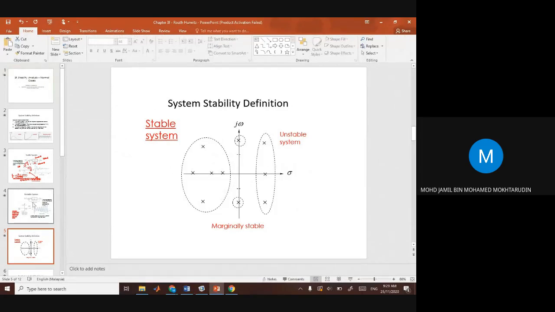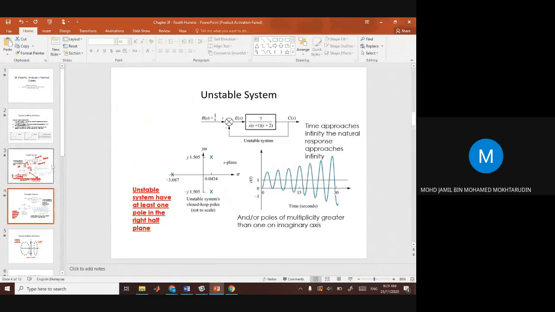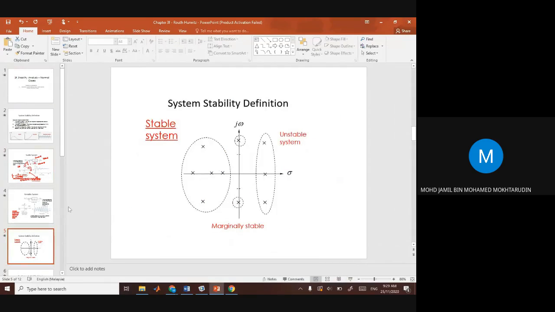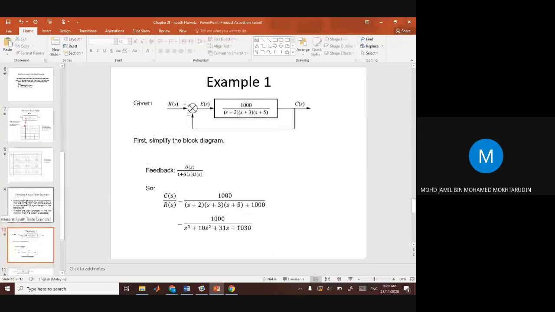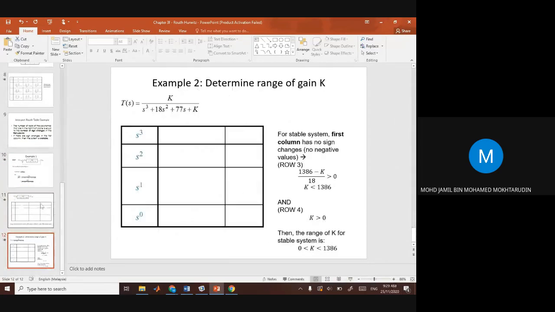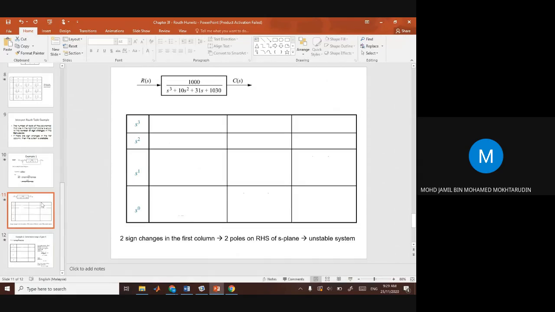Sometimes the transfer function can be very long, okay? And it's very hard for you to factorize the denominator, especially to determine the poles. So the purpose of Routh Hurwitz criterion is basically to allow you to determine the system stability without factorizing the denominator, okay? Without finding the poles.